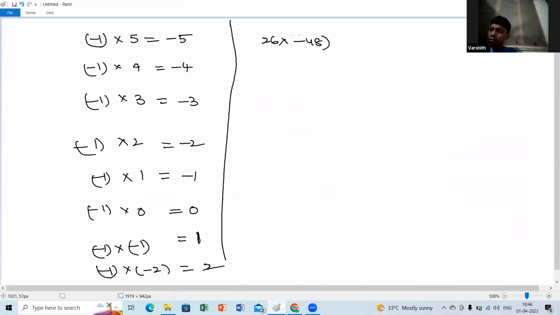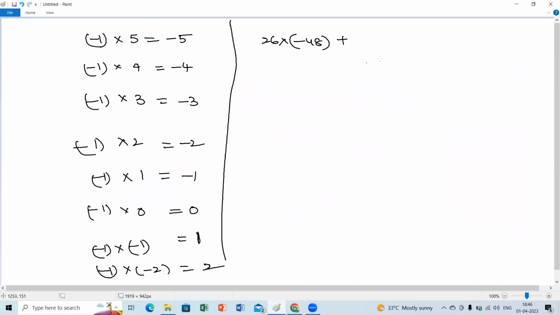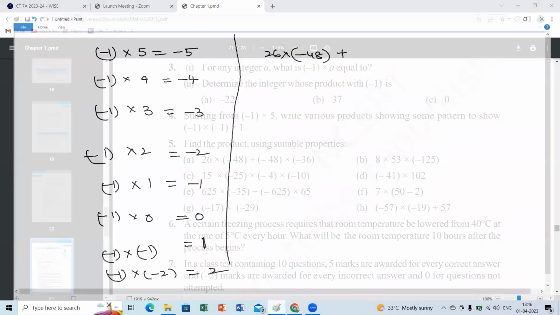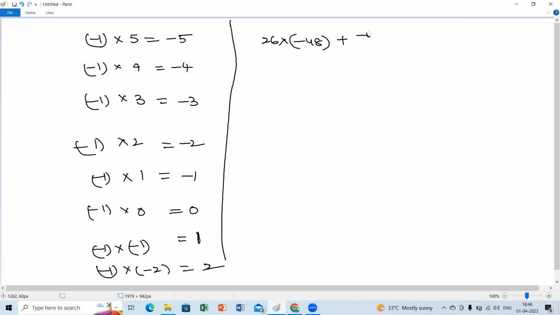This is one term, plus the next part is what is mentioned here: negative 48 multiplied with negative 36.